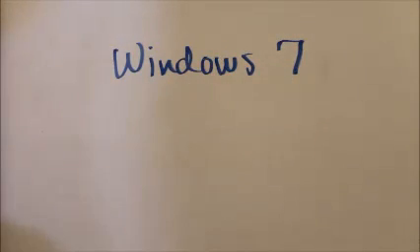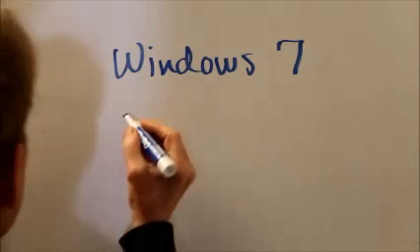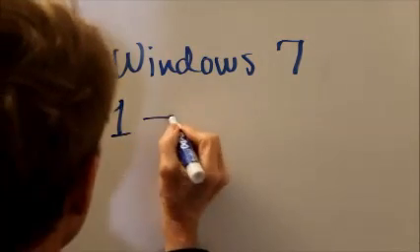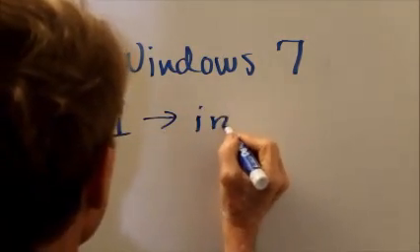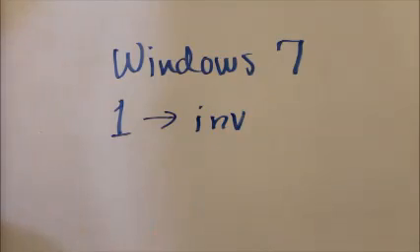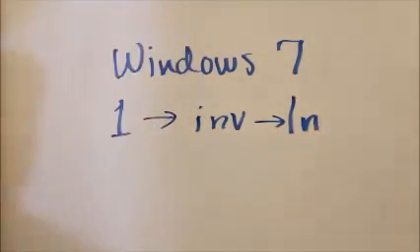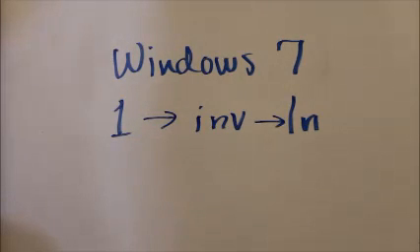If you want to look at it in a little more detail, and you have a Windows 7 computer, it has a calculator. Windows 7 has a scientific calculator mode. Enter 1, then hit the INV key, which means inverse, and then hit the LN key, which means natural logarithm.